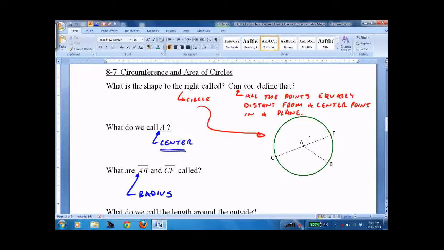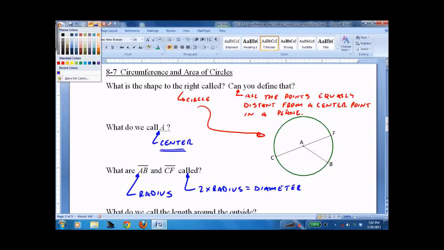And what do we call CF? Well, that's 2 radius, and we call that a diameter. So it's just some definitions.